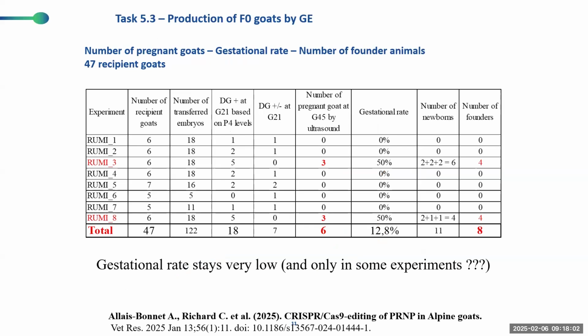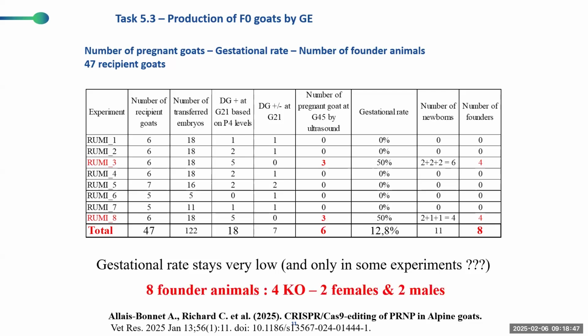Some of the other goats were found positive for gestation with a progesterone level at 21 days, but only in these 2 experiments did we get 6 recipient goats that are pregnant, that delivered 11 newborns. Of these 11 newborns, 8 have some mutation and are considered founder animals.